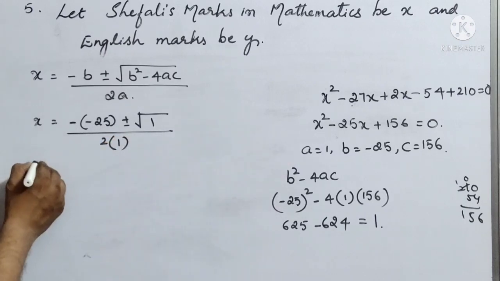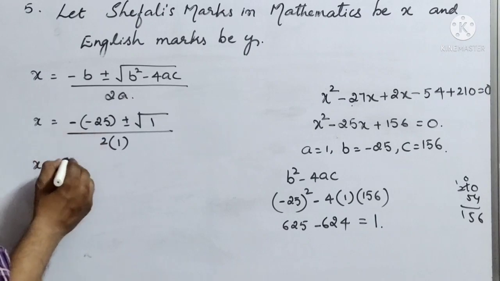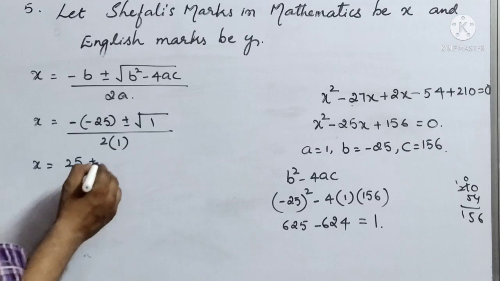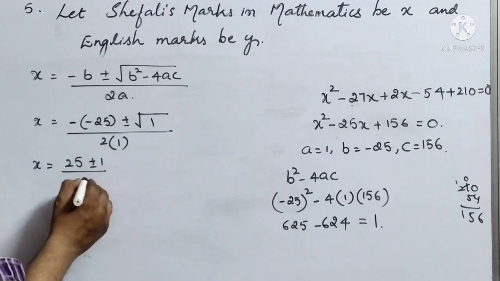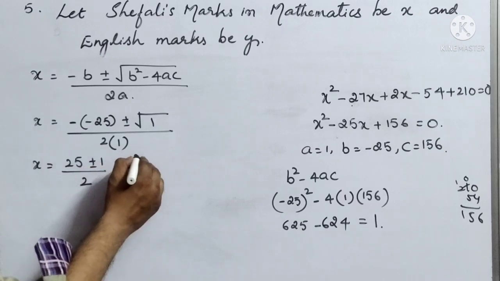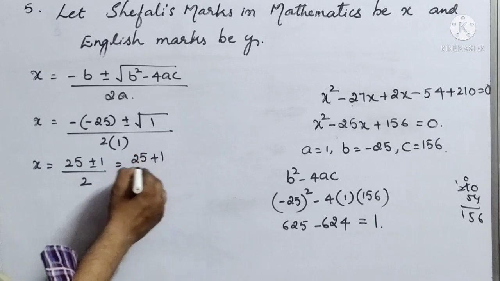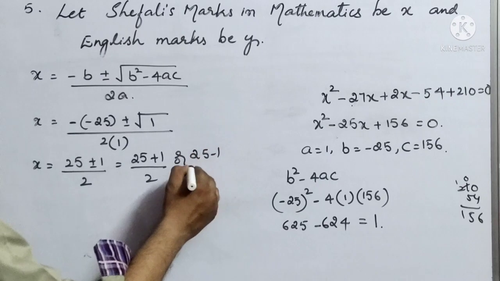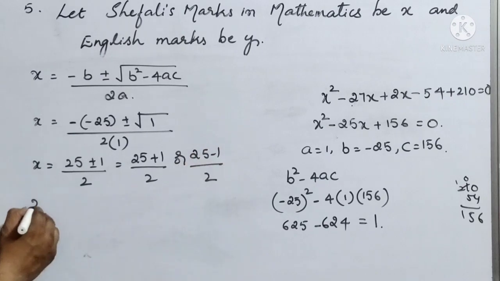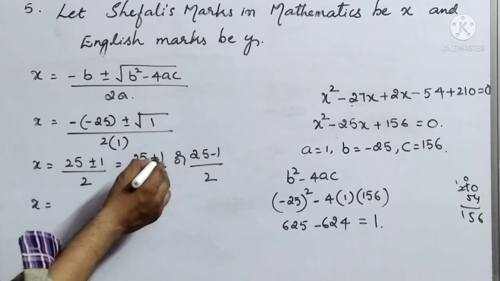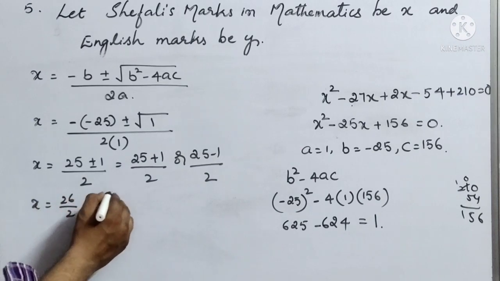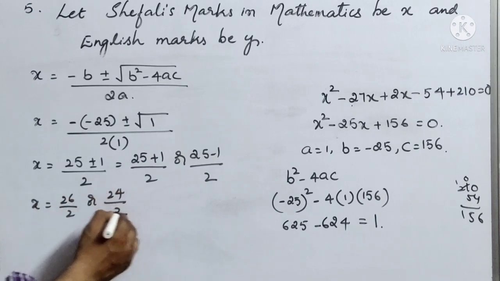Minus into minus is plus, and the square root of 1 is 1. So x equals 25 plus 1 by 2 or 25 minus 1 by 2. That is x equals 26 by 2 or 24 by 2.